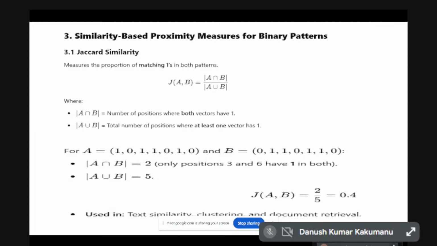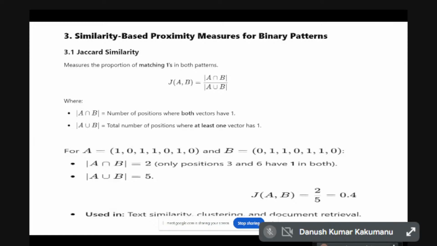A intersection B is the number of positions where both vectors have one. If the first position in A is 1 and the first position in B is 1, that is counted. Now look: 1 0 0 1, the third position is 1 and 1, so this can be considered.